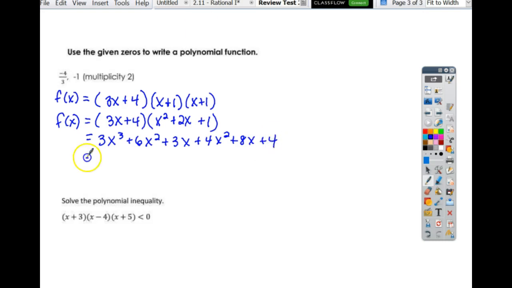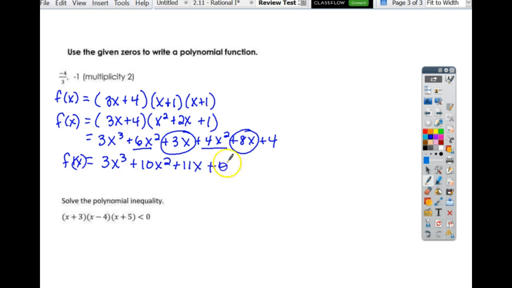And then I'm just combining like terms. So 3x to the 3rd, I have 6x squared plus 4x squared is 10x squared. I have 3x plus 8x is 11x, and then plus 4.